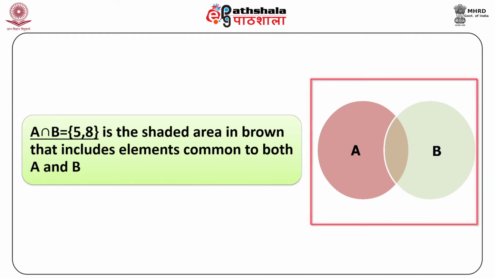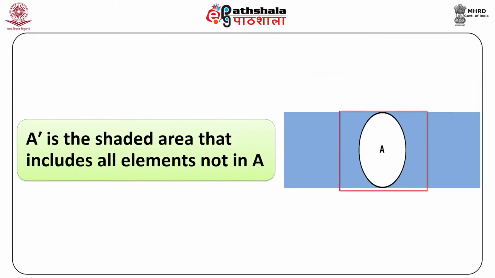Then A intersection B is equal to 2 members, 5 and 8, that is the shaded area in brown, which includes elements which are common to both A and B. A complement is the shaded area that includes all the elements which are not in A.